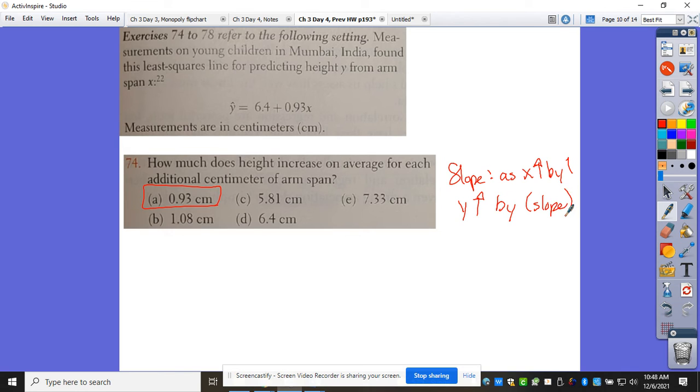Now I've seen a problem like this asked slightly better or at a slightly higher level. Then what would I do? Slope multiplied by 3. You're just applying the slope without literally looking at the equation itself.